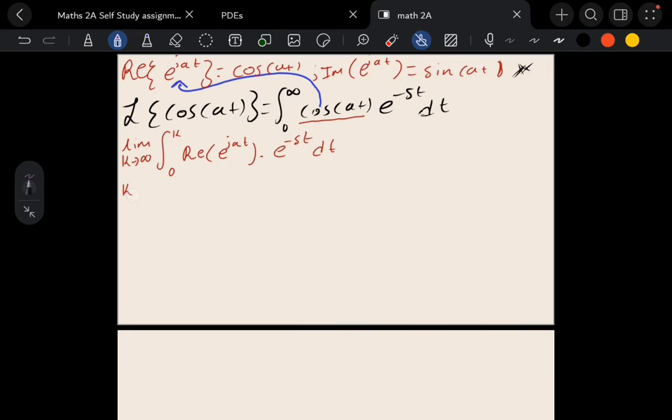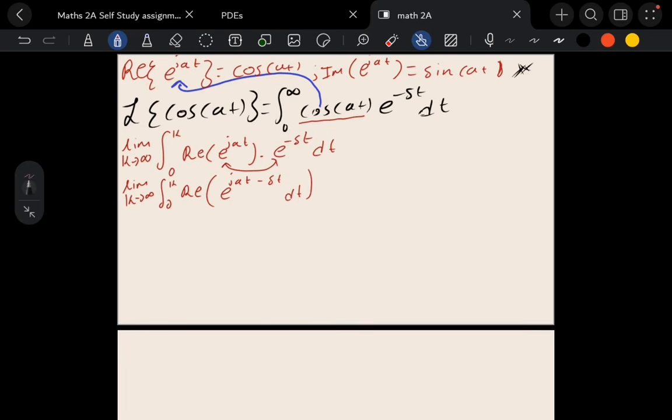And then I'm going to have the limit as k approaches infinity of an integral from 0 to k, Re in brackets. These two will multiply, resulting in e to the power jat minus st dt.